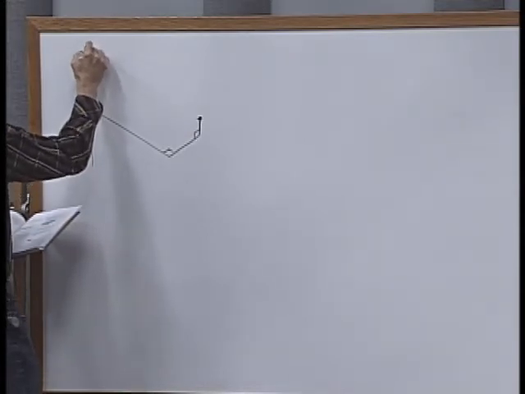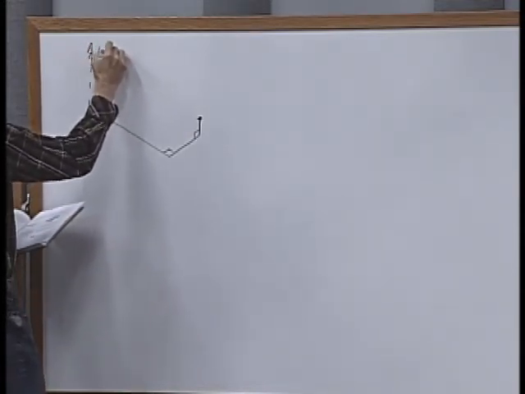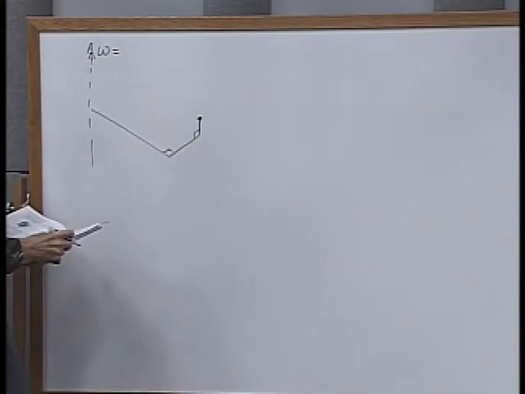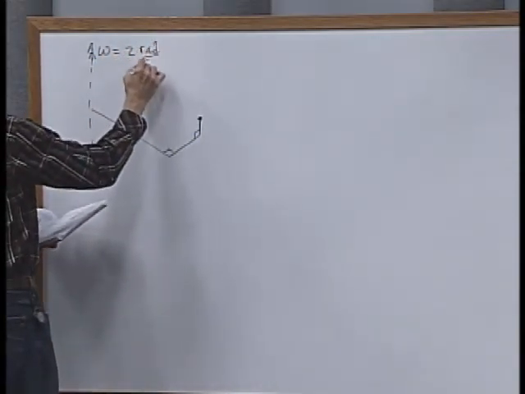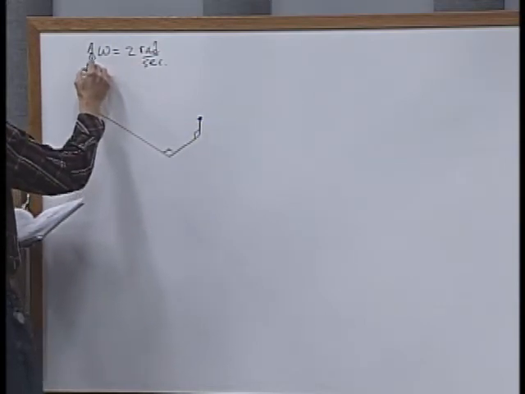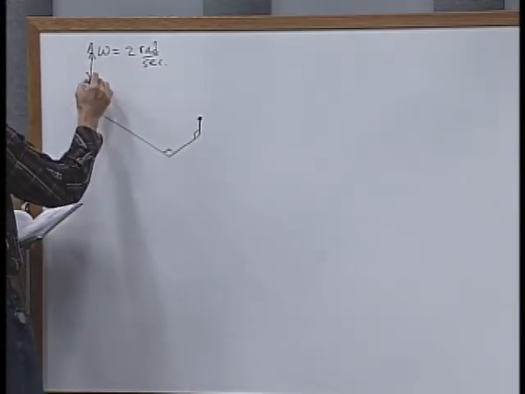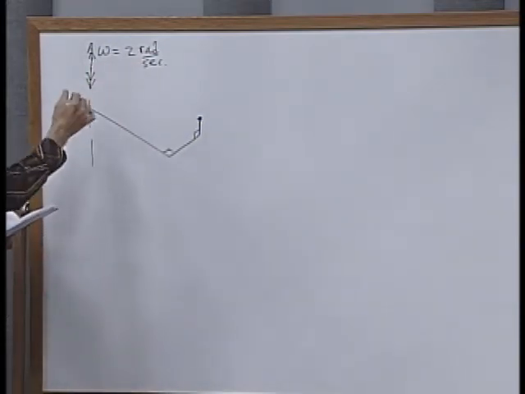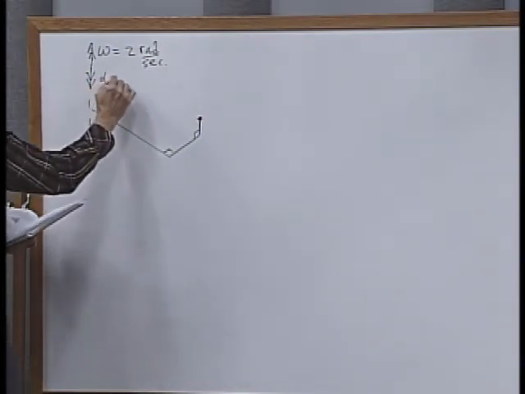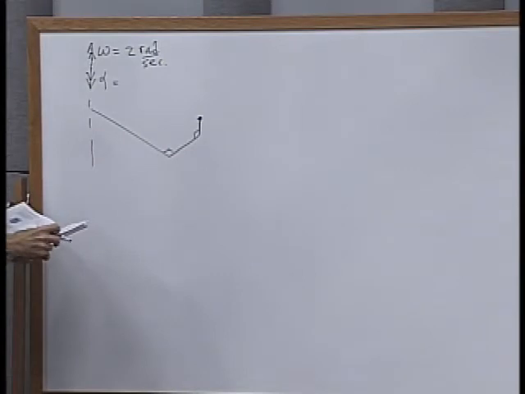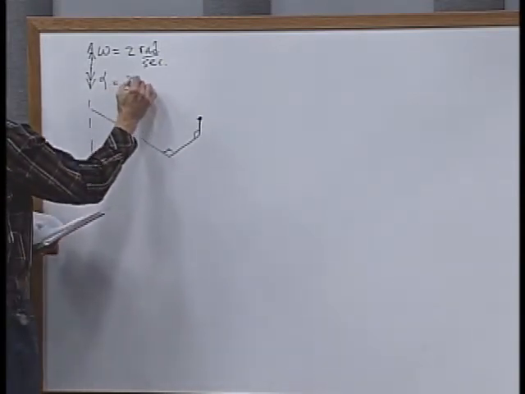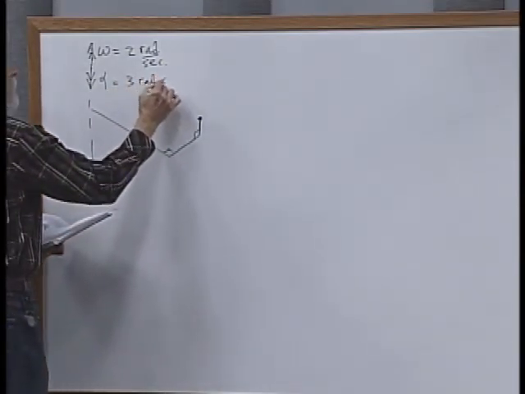Given the omega of 2 radians per second, we have the alpha going the other direction, and its magnitude is 3 radians per second squared.